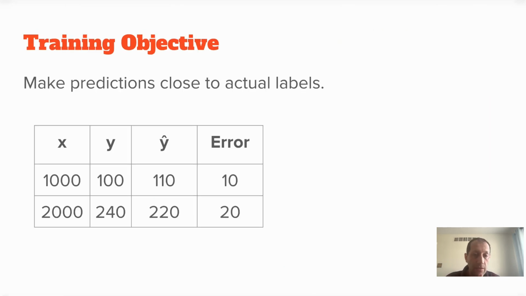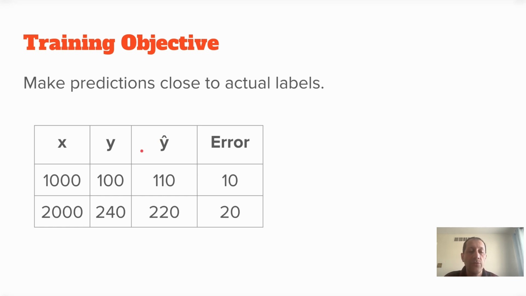So the objective of training is to make predictions that are as close to actual labels as possible, right? So let's look at that housing price again. Here I have 2 data points, but you could have many. X is the area, Y is the actual house price, Y hat is your prediction with that line function that you have.